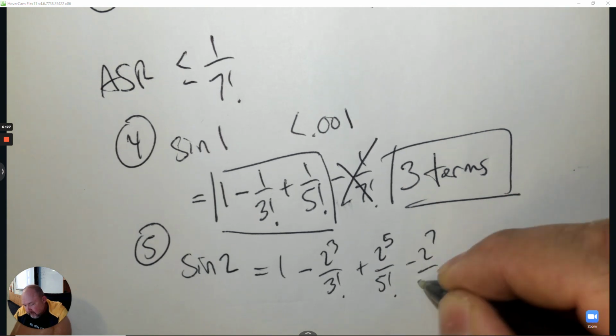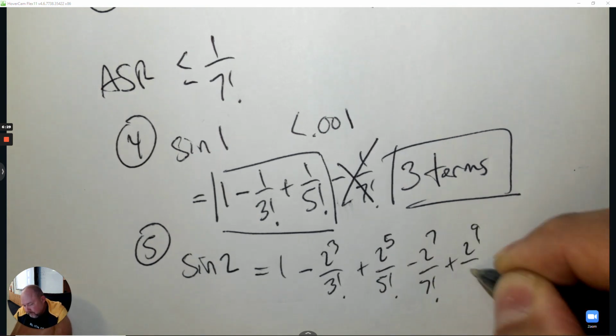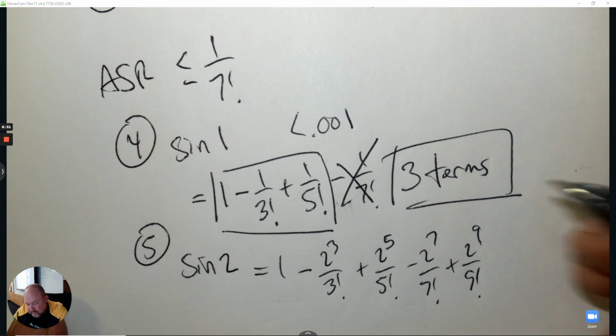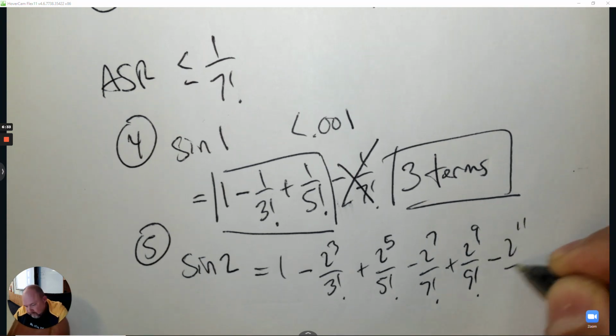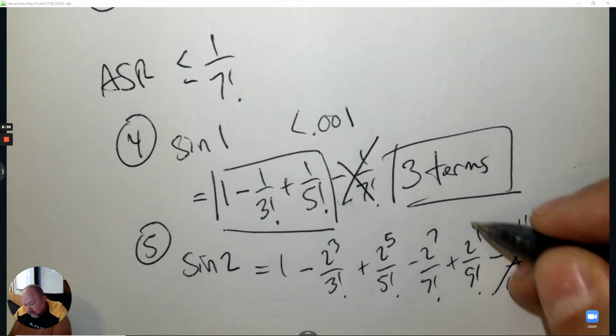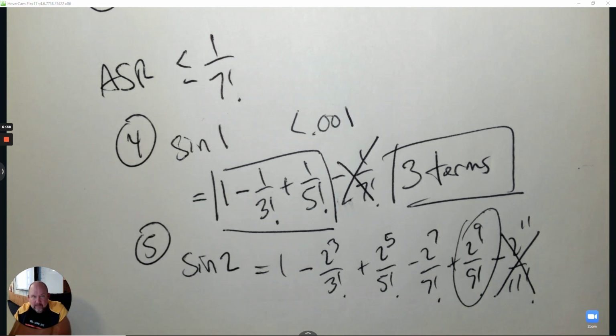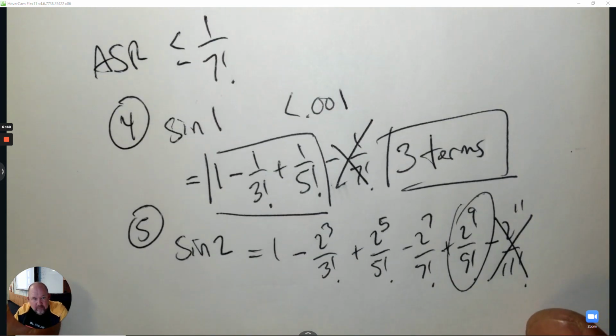And we alternate with these odd ones. It's this one. So if I put this into my calculator, that number is still bigger than 0.001.